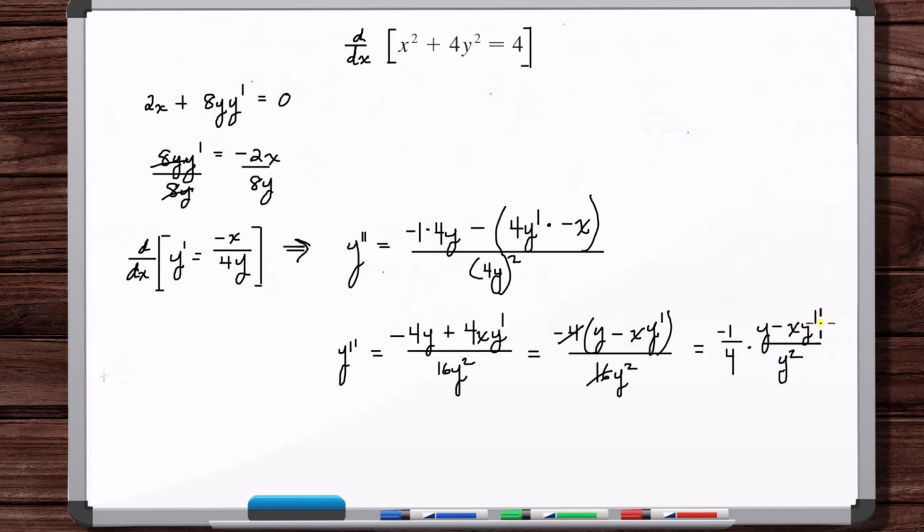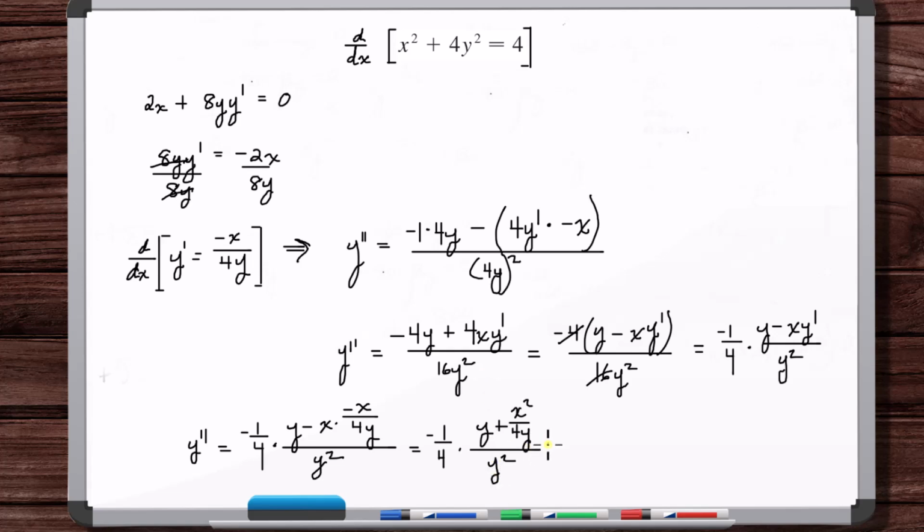Okay, but we're not done. Let's substitute for this y prime. So, simplifying. All right, so we can get rid of this fraction by multiplying this times 4y over 4y.